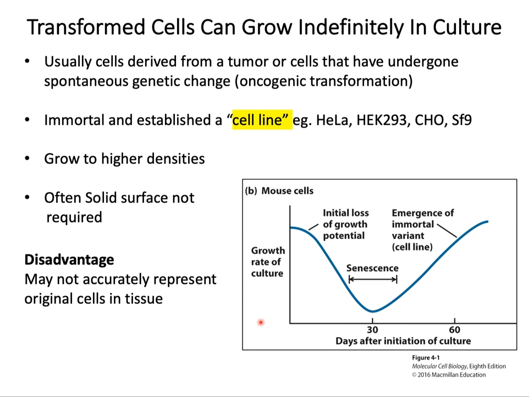Sometimes this is called oncogenic transformation, which makes these cells immortal. They do not have a finite doubling and can grow to very high densities, and not necessarily even on solid surfaces. The disadvantage is that they are genetically altered. They may not accurately represent the original cells in tissues and may display abnormal properties which could skew your conclusions about certain cellular functions.